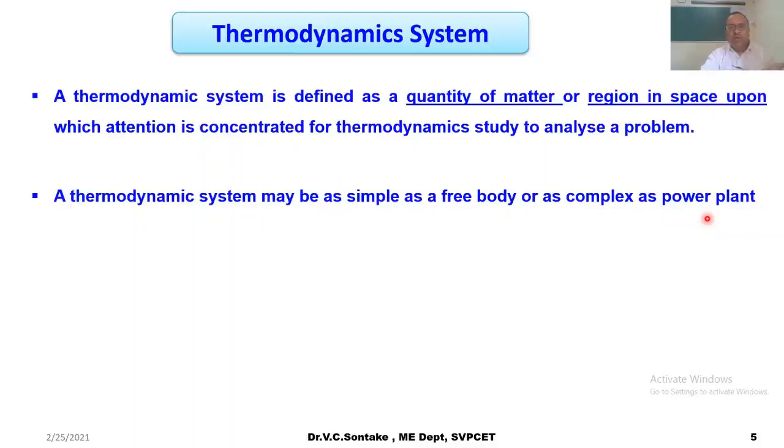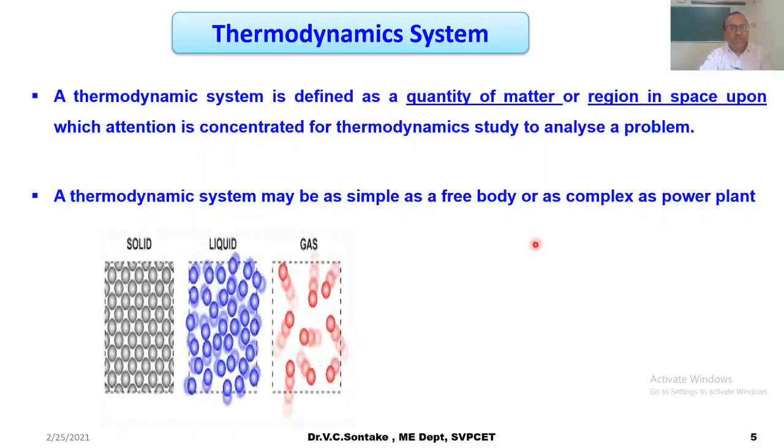So a thermodynamic system can be as simple or as complex. In the figure, we have considered solid, liquid and gas. All can be considered as a quantity of matter, and we can select them as a thermodynamic system.